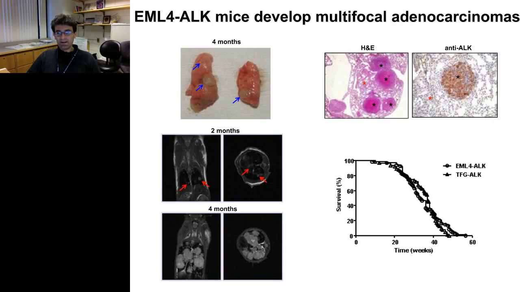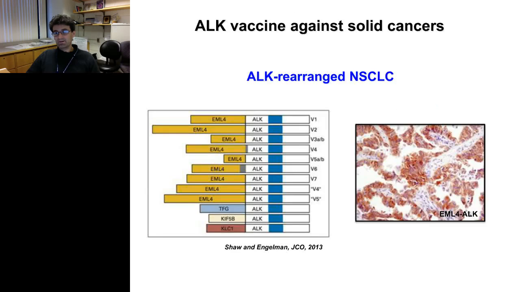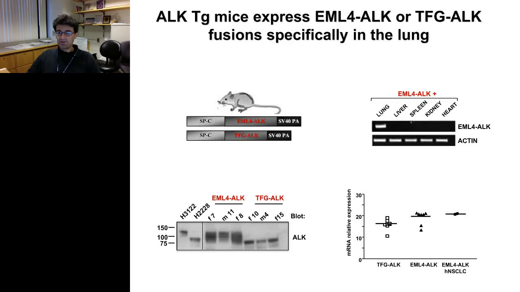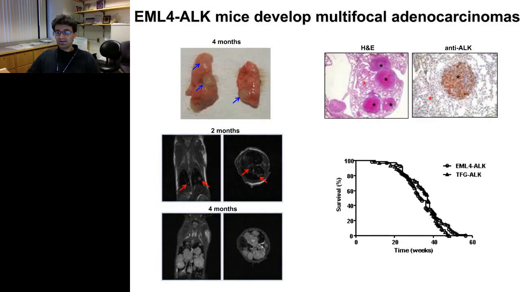By histology, there were multiple tumors that turned out to be quite strongly positive for ALK. Again, the expression level of ALK in this tumor is comparable to the human tumor. Here is a human non-small cell lung cancer. Sometimes in human patients the expression can be lower, but in many cases this is the range of expression, and in the mouse we had a similar level.